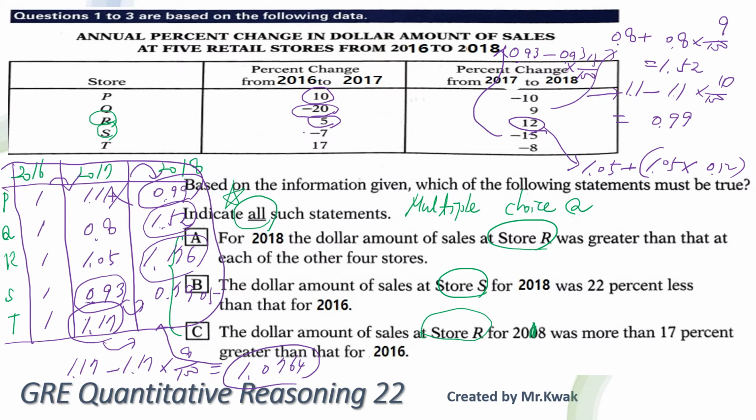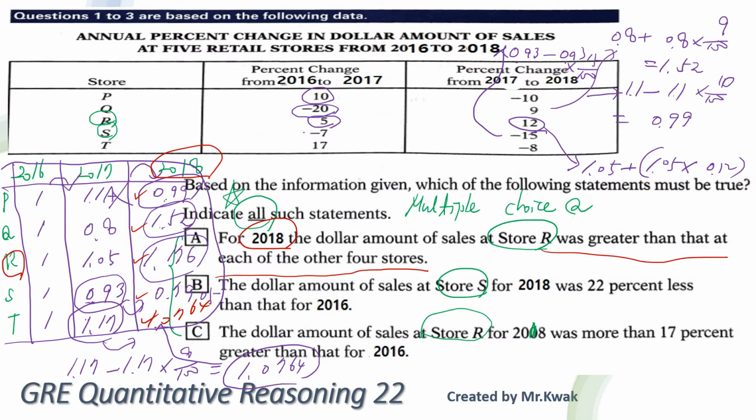So let's move on to choice A. For 2018, the dollar amount of sales at store R was greater than that at each of the other 4 stores. Let's look at 2018 here and compare. In that case, the row R has the largest number. So probably A seems to be correct. Is it correct?